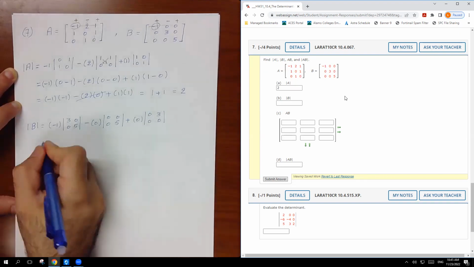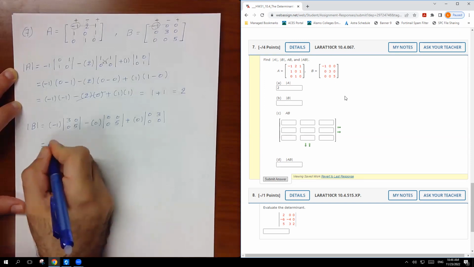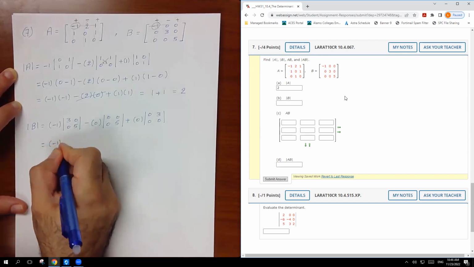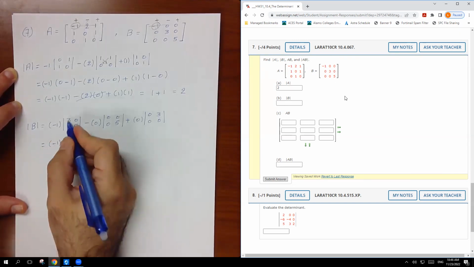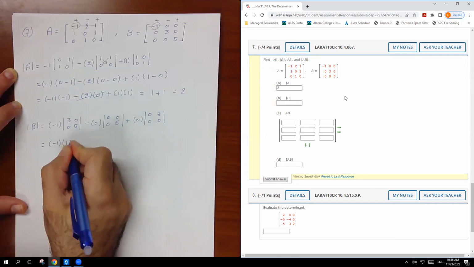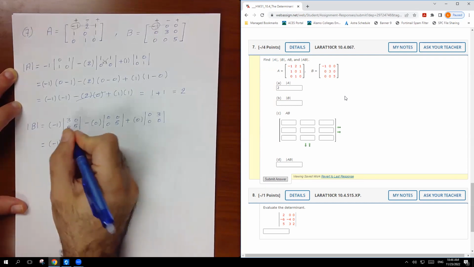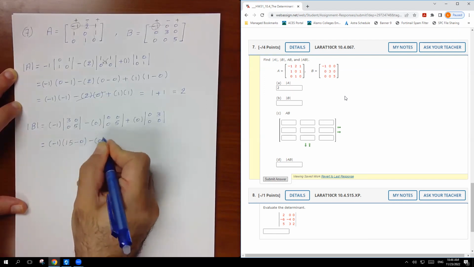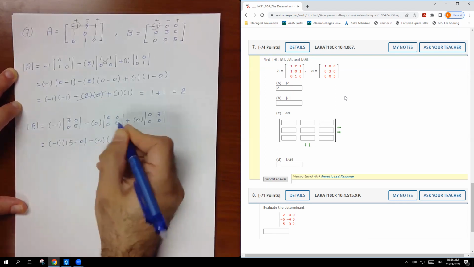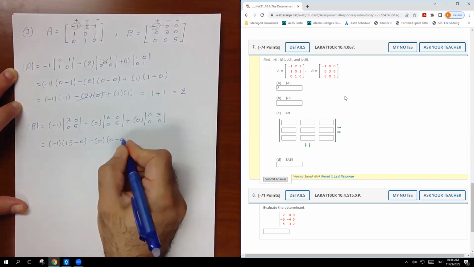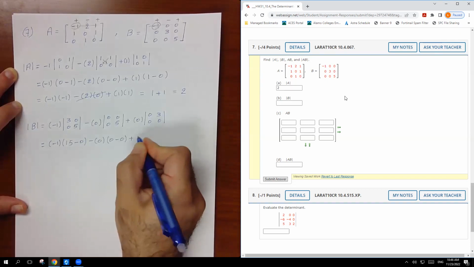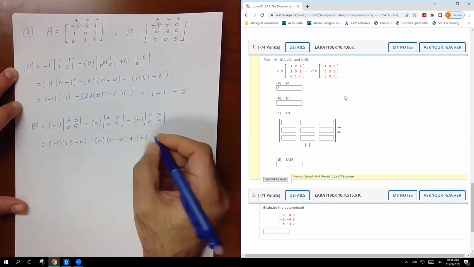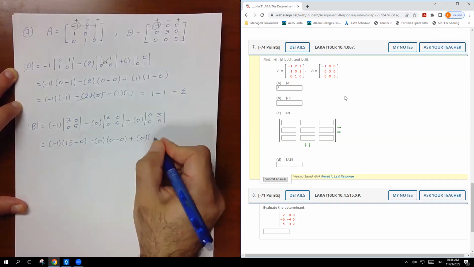Now let's simplify this one. So here is -1. Find the determinant here. 3 times 5 is going to be 15. Minus 0 times 0 is going to be 0. Minus, here is the 0. 0 times 5 is going to be 0. And 0 times 0 is going to be 0. Plus, here is again 0. 0 times 0 is going to be 0.